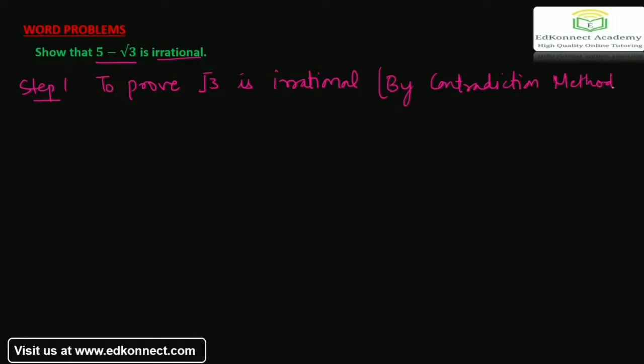So the first step will be to prove root 3 is irrational by contradiction method. And then step 2 will be to prove 5 minus root 3 is irrational, similarly by contradiction method.